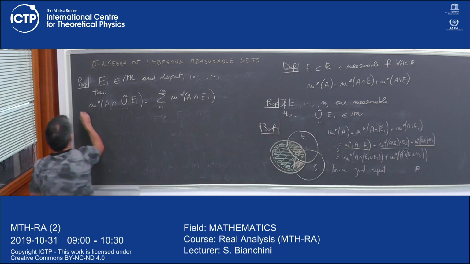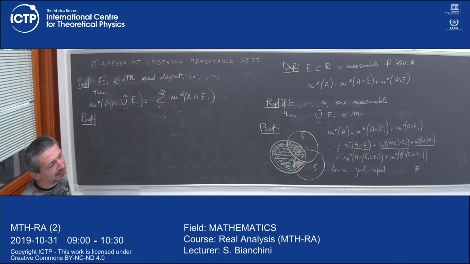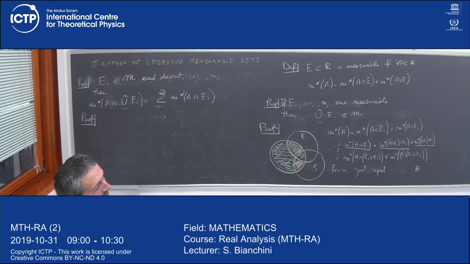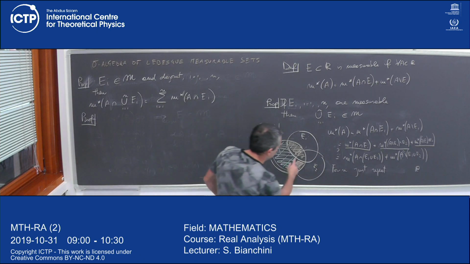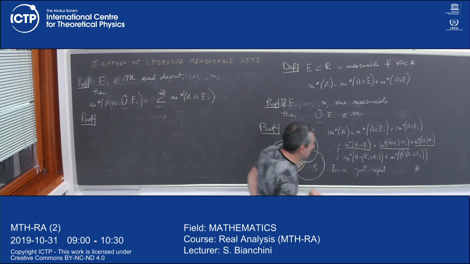The proof basically is the same there. So maybe I switch, because there is one part which does not appear. So you see, this part is not there, no? So we repeat the proof.